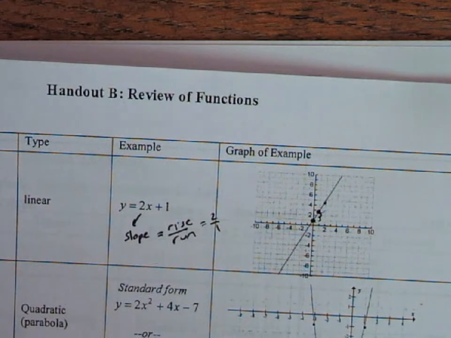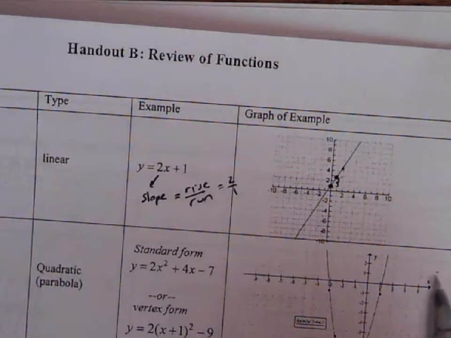Another way, just try to find any other point on the graph that has integer x and y coordinates, and then place those in the grid and sketch the graph. All right. So that is lines.